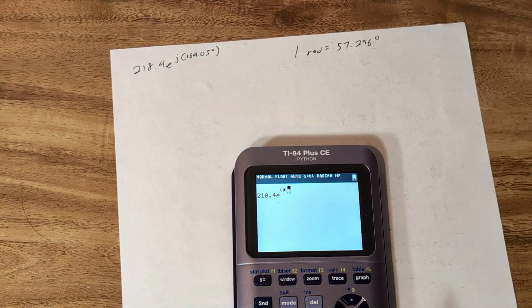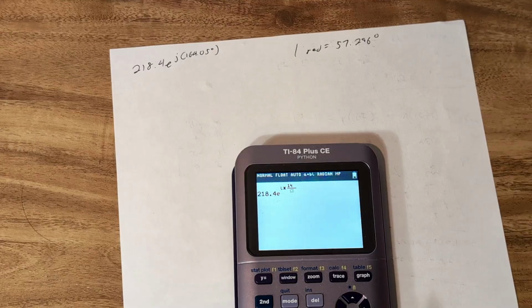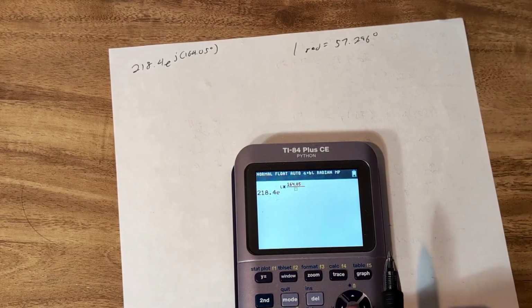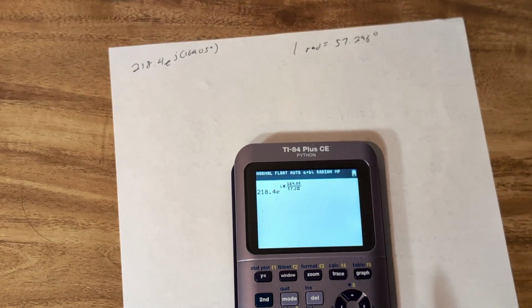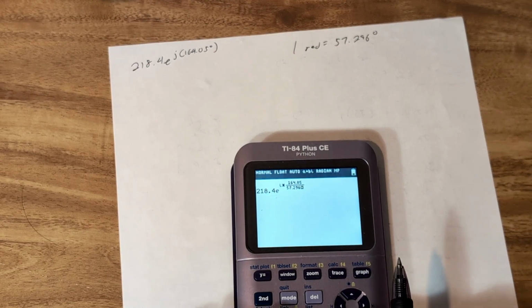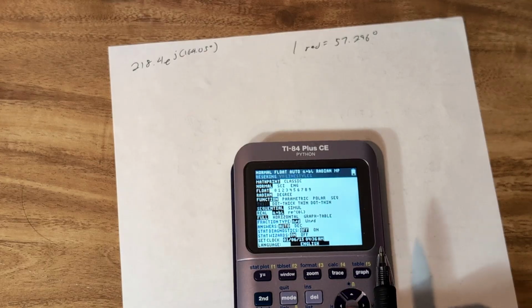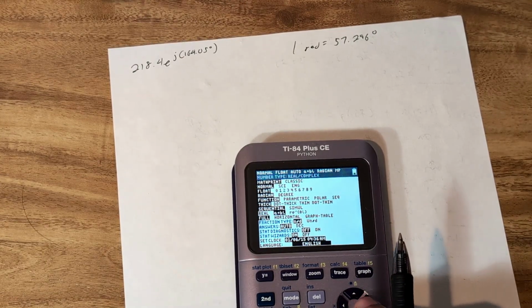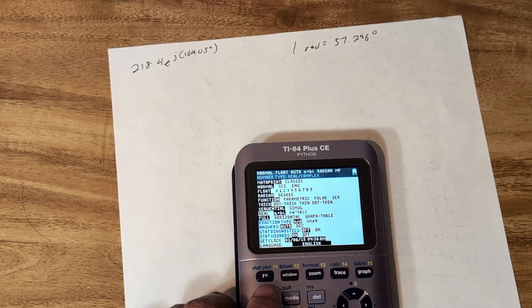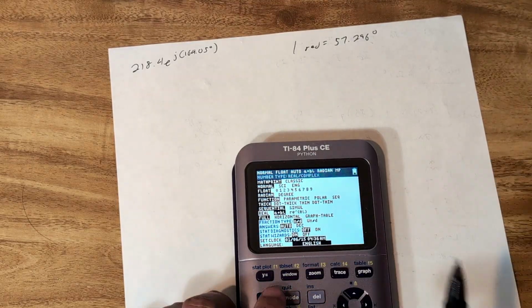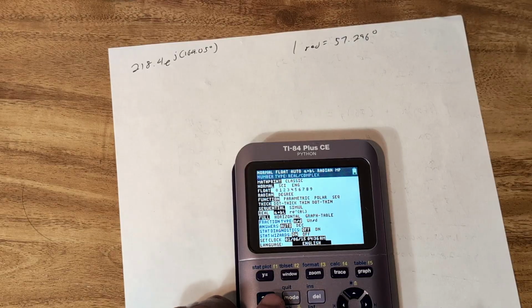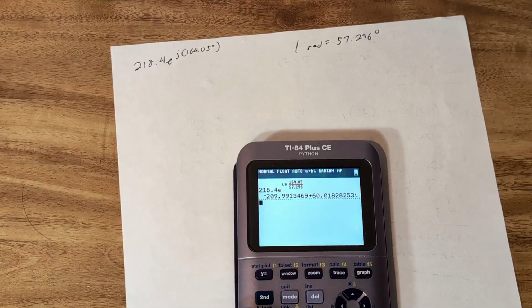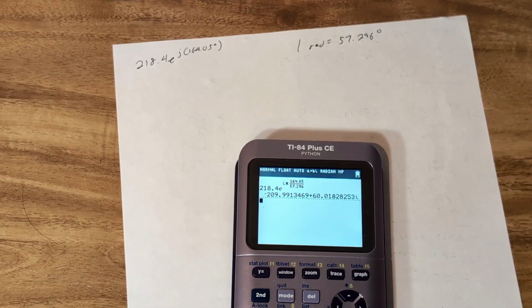So you're going to put 164.05 divided by 57.296, and then make sure you go to mode and set the complex number setting to rectangular form.